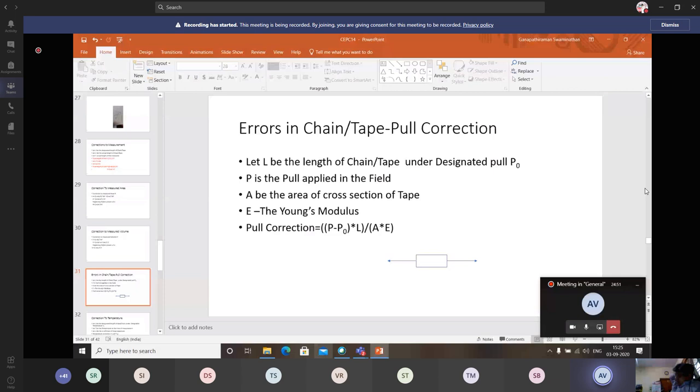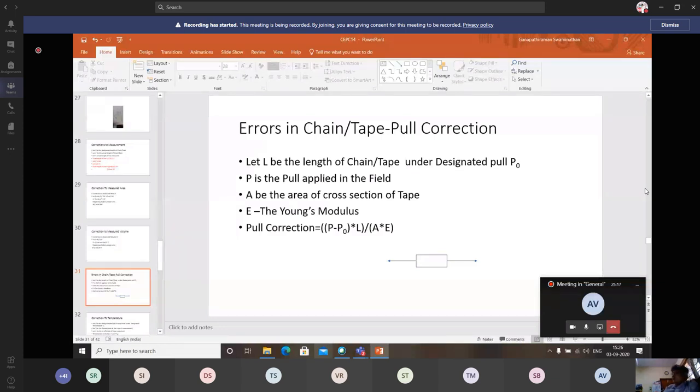Elastic range. Suppose I have a rubber string, I pull it out, what will happen? It expands. Beyond a point, what will happen? It breaks, is it not? Same thing, every material has what is called the elastic limit.